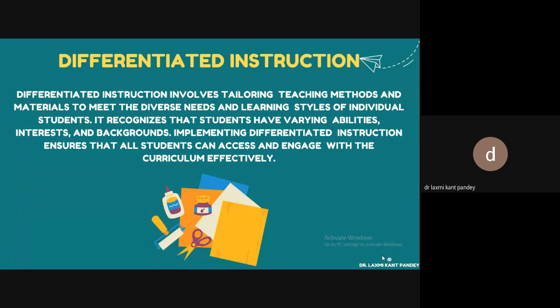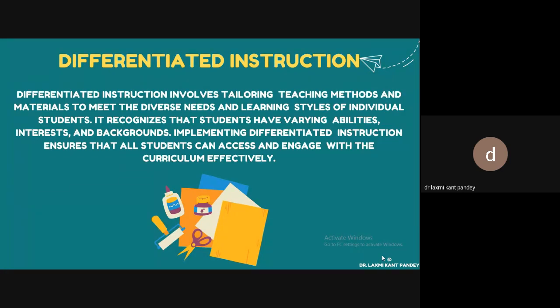The primary goal of your teaching is the same, but the instructions vary based on students' interest, preferences, strengths, and struggles.